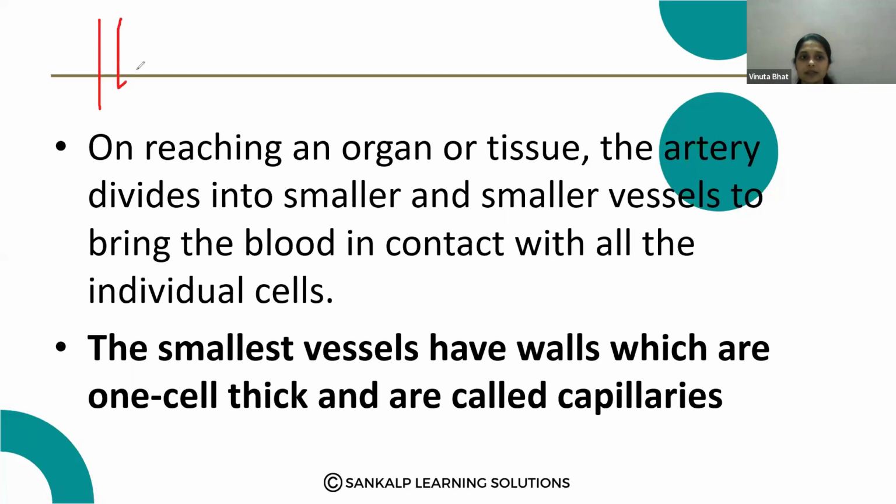When it reaches the organ, these arteries break into smaller and smaller structures that are called capillaries, to reach each and every cell. They reach the cells like this, just for your imagination, and each cell performs respiration and releases carbon dioxide.